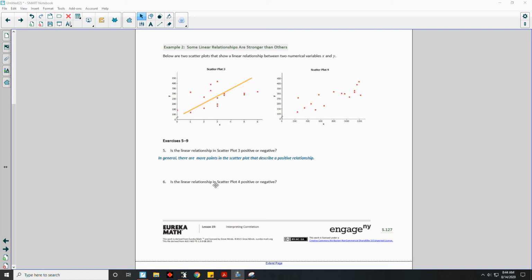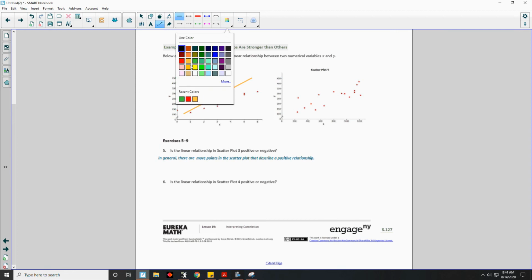Number 6, is the linear relationship in scatter plot 4 positive or negative? Again, if I choose a line segment, let's use the same color here, it tends to fit right here. This is a better fit than this one over here. This is a stronger relationship than this, because the further the points are from the line of fit, the weaker the relationship.